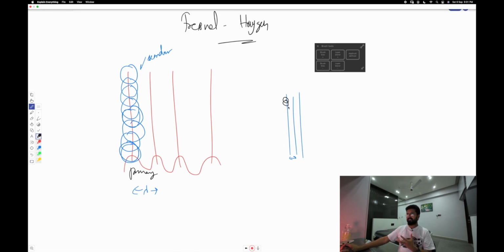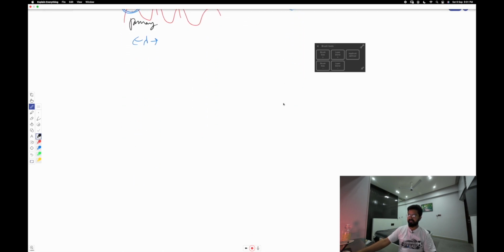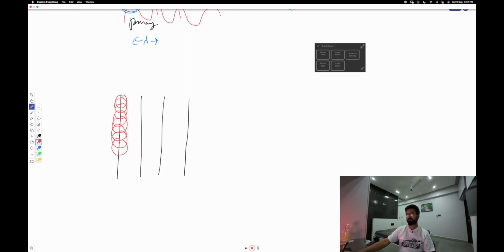Okay, so what they're trying to explain is, say you have a wave traveling, why does it seem to be a linear wave? According to them, all those secondary waves are so close together that they overlap with each other. Let me just quickly draw all the secondary waves.